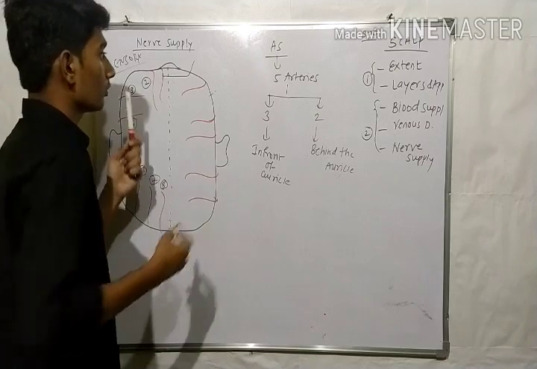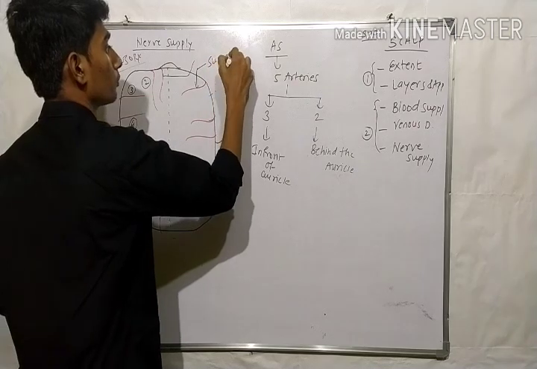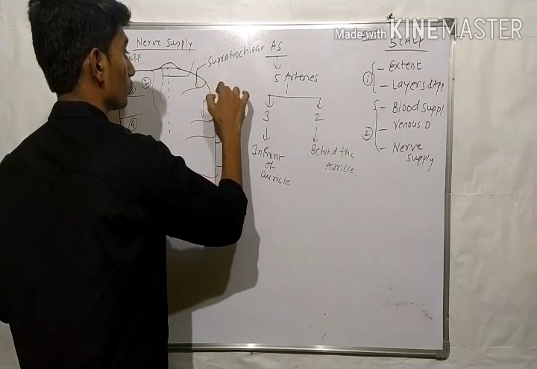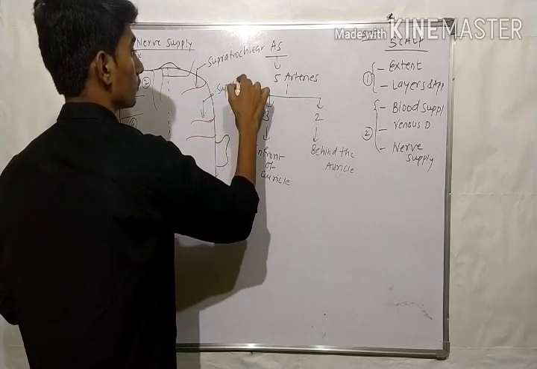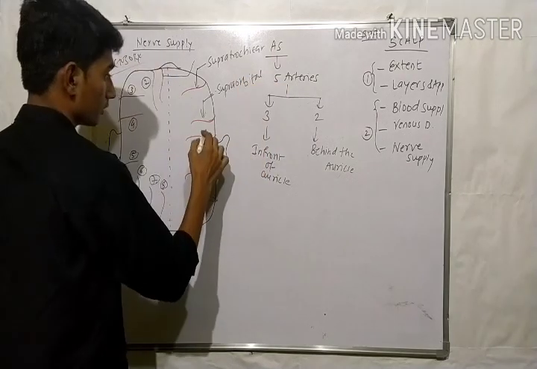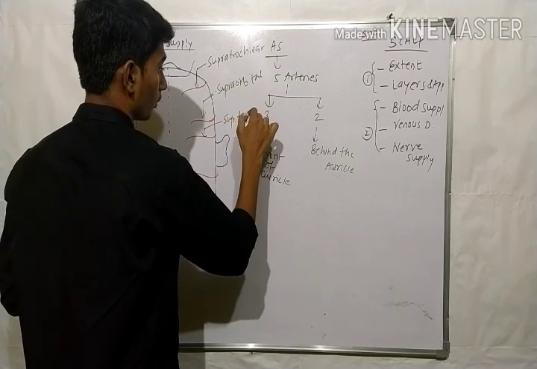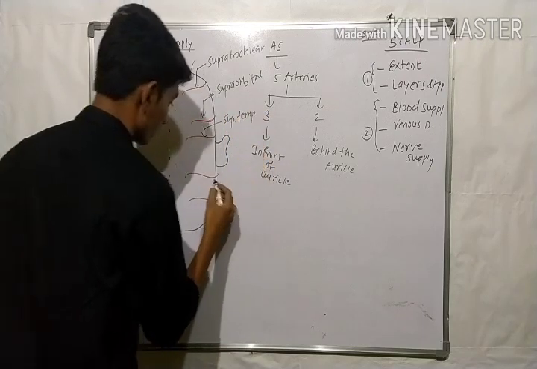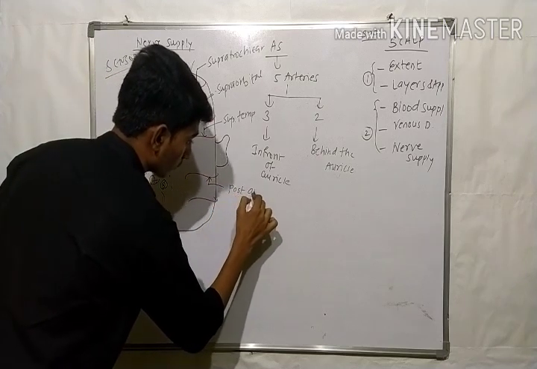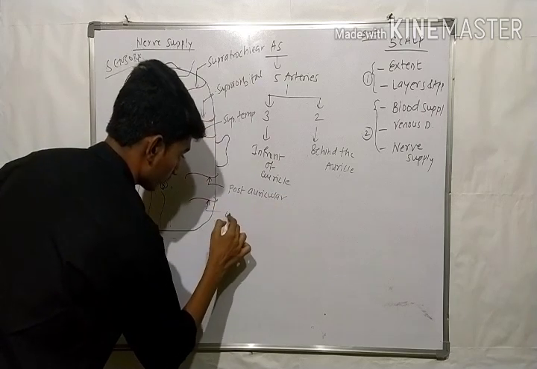So this is supratrochlear, second supraorbital, then superficial temporal, then posterior auricular, and this is occipital.